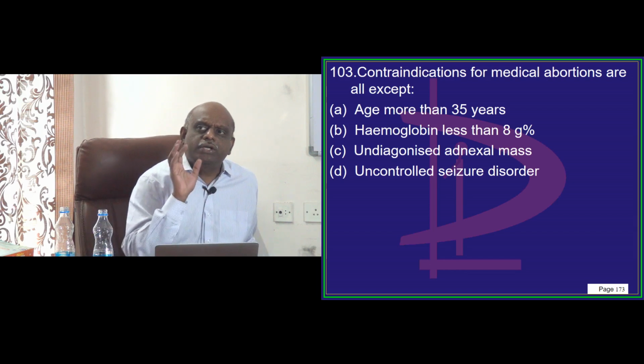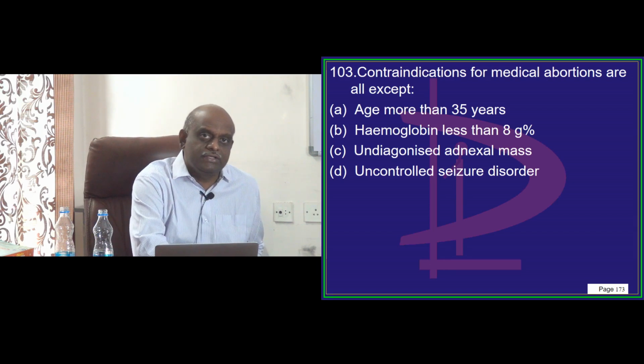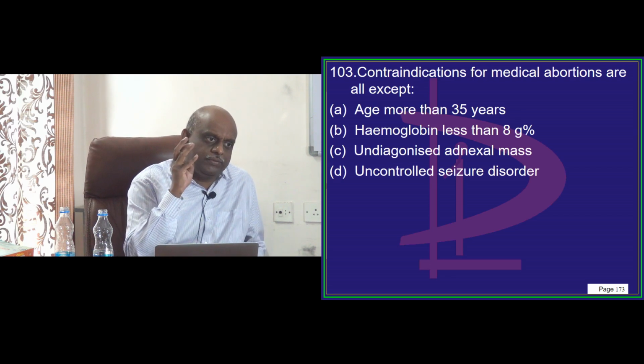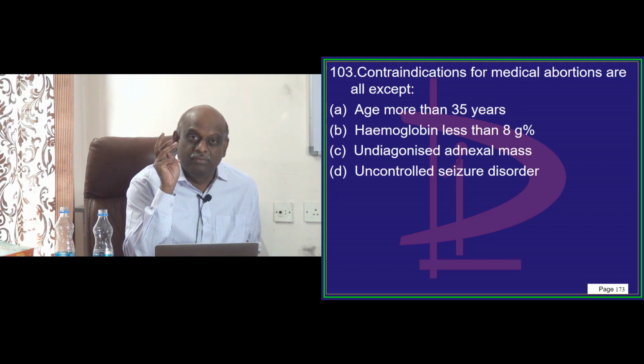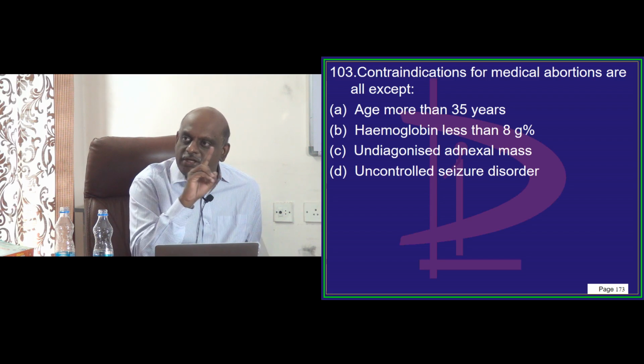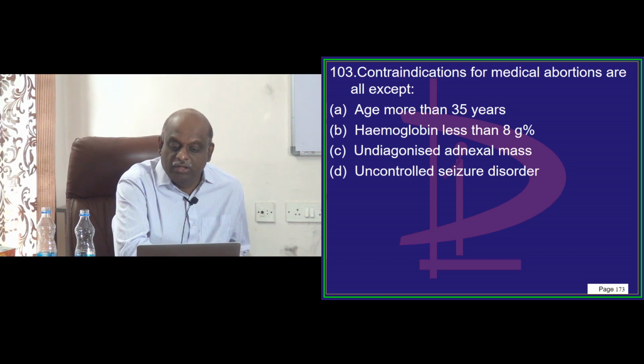For medical abortion, there are certain significant contraindications. Abortion is a common topic in gynops, SPM, and also forensic medicine. So that is the reason, doctor, without a question on abortion, NEET PG nahi hoga. So you should be 100% sure. 1 or 3.